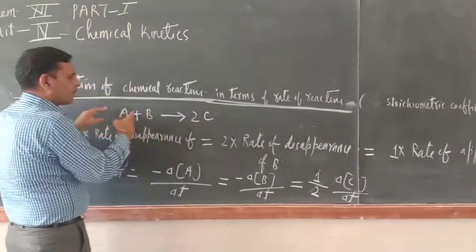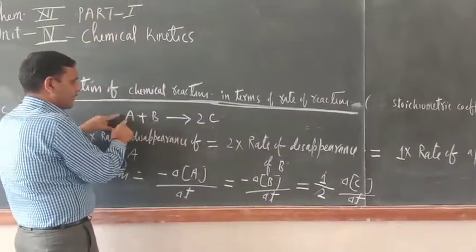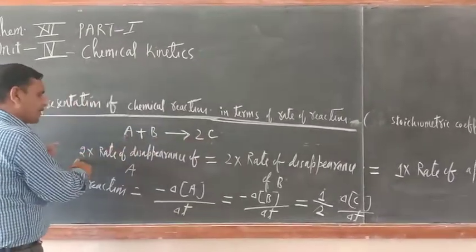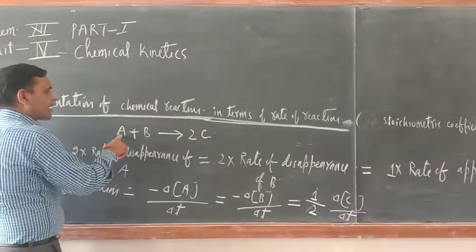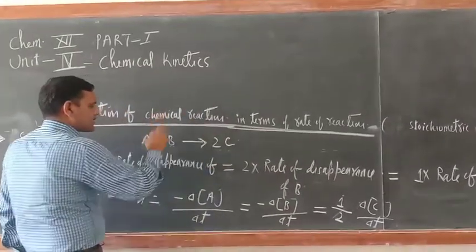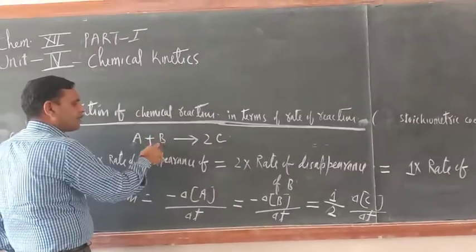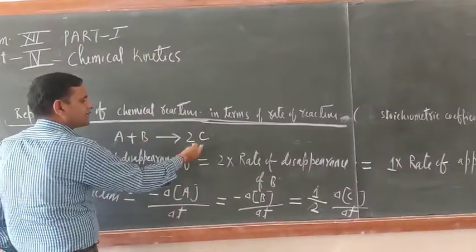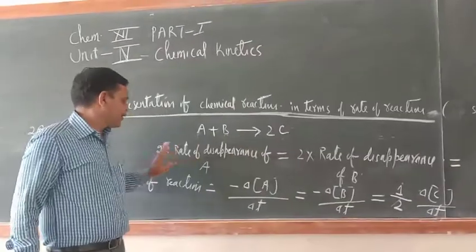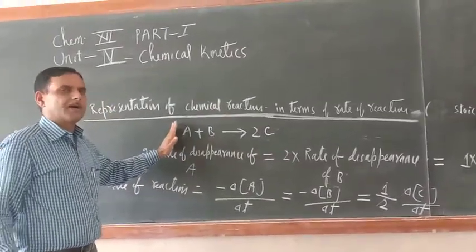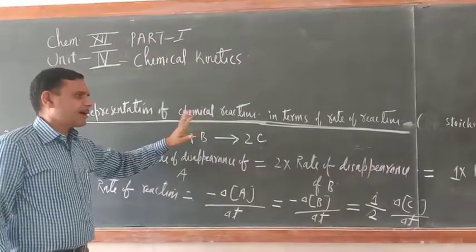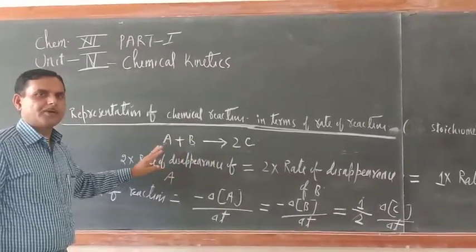So what is the real meaning of this? 2 times A should disappear, then 1 time C will form. Similarly, when 2 times B disappear, then 1 time C will form. So remember, these two are not in terms of molar concentration. They are in terms of rate of reaction. I hope that you have got it.